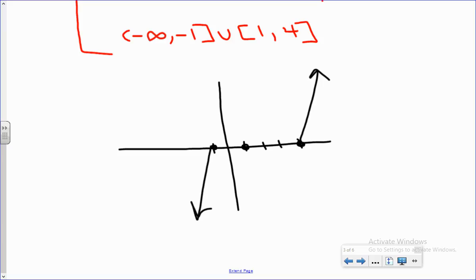And since all of the zeros occur once, we know that we are going to go straight through our zeros. Does that match up with the intervals that we have described? -infinity to -1 and 1 to 4. Those are values that are on or below the x-axis, which is what our inequality was asking for.